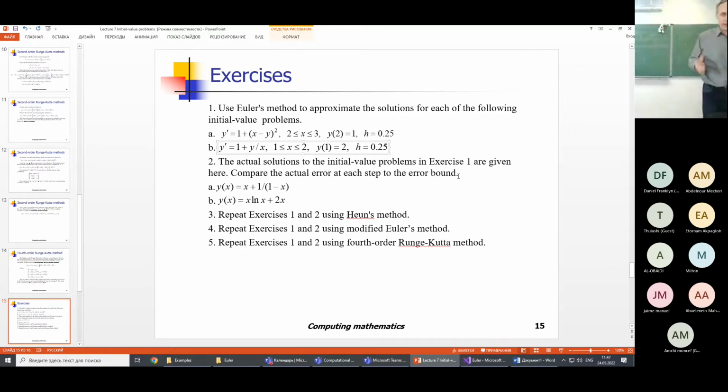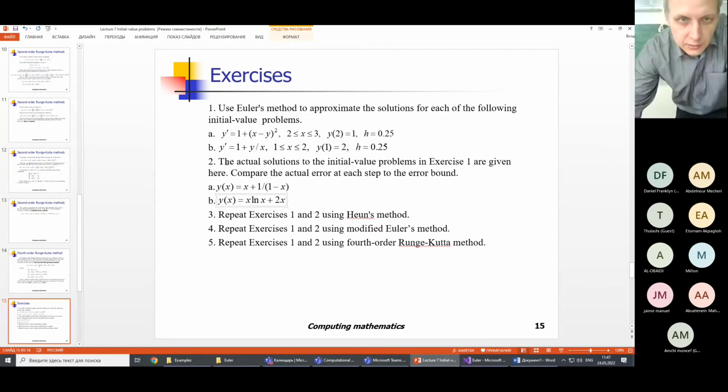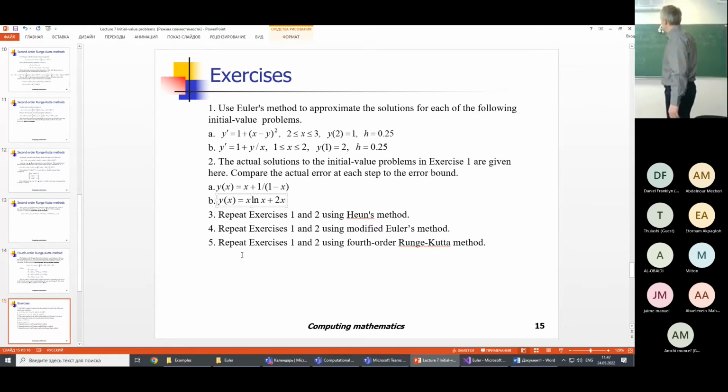Again, exercise 2 letter B is given the real solution for the problem in the exercise 1 letter B. Please compute the value of the function at the point 1, the real value.